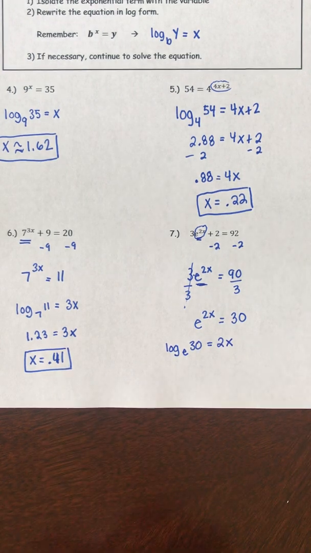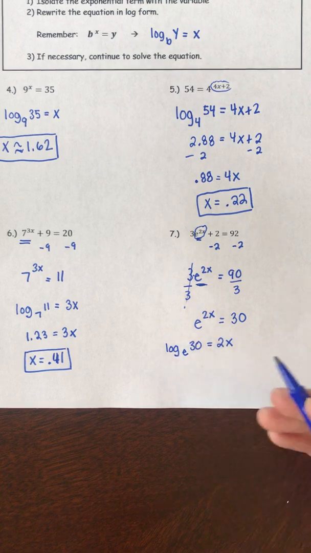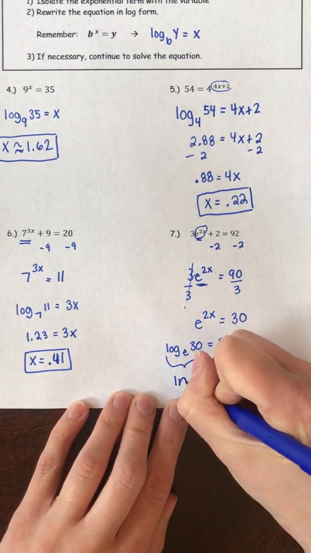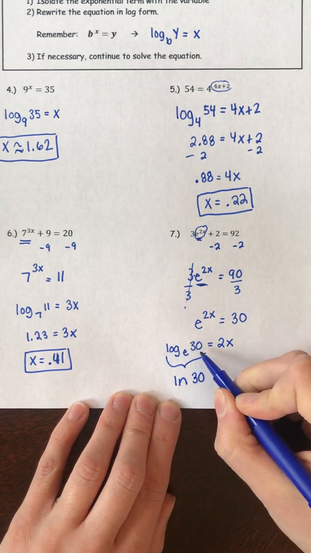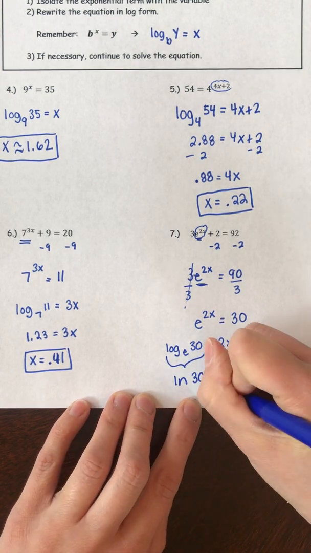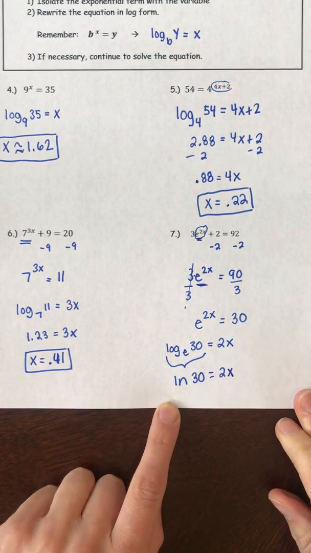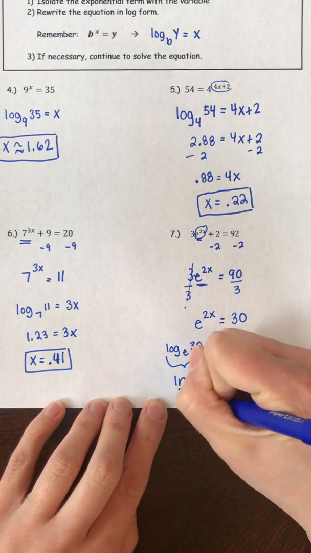But what you want to remember from last week is that log with a base e, do you remember that's one of those special logs? So log with a base e is really ln of 30. So I don't need to write log base e. This is ln of 30 equals 2x. And if I wanted to solve for x, I would divide by 2.